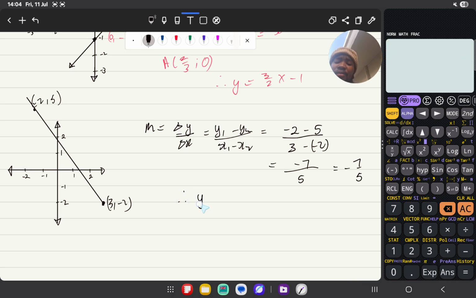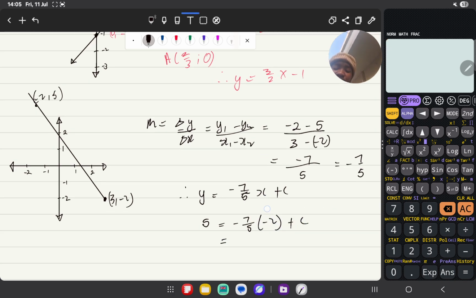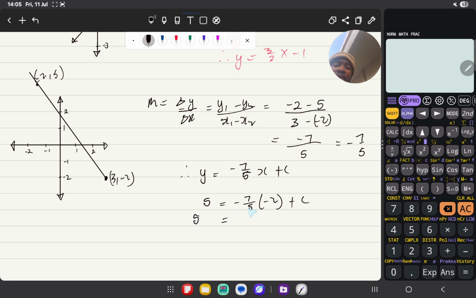Then therefore you have y equals -7 over 5 x plus c. To find c, we substitute some value. Let's substitute this one, yeah? So 5 equals -7 over 5 times -2 plus c, right? So you have 5 equals positive 14 over 5 plus c. We go this side.